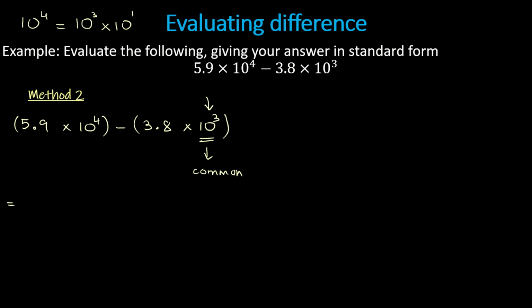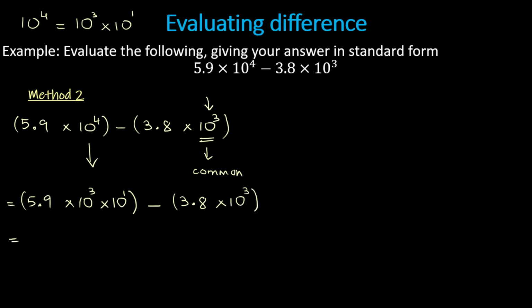Okay, so we write this as simply 5.9 times 10 power 3 times 10 power 1 minus 3.8 times 10 power 3.